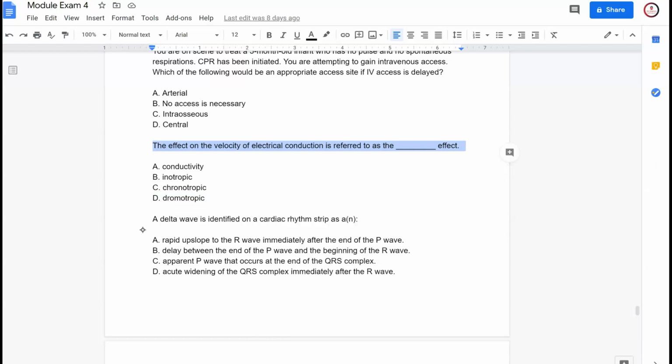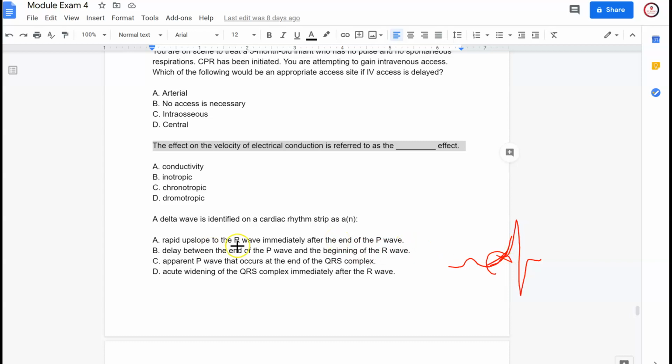A delta wave is identified on a cardiac rhythm strip as. Remember we talked about delta waves in relation to WPW, right? That's when it bypasses the pause at the AV node. So you get this kind of upward slope in the delta wave.